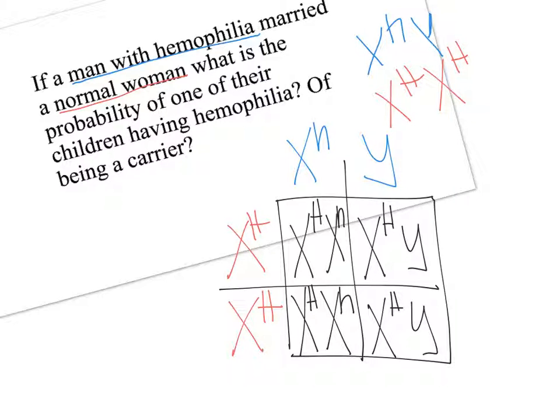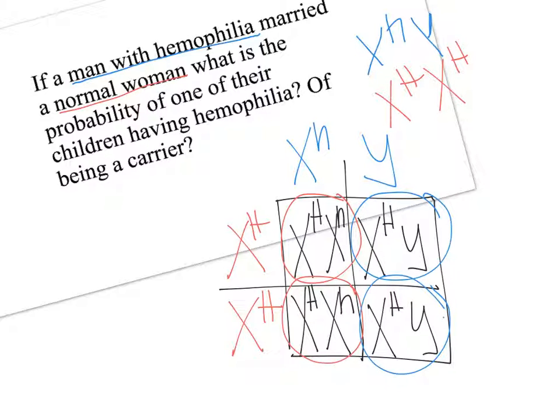We have 1, 2 carrier females. So all of the female offspring will be carriers. And all of the male offspring will be normal. So they have a 0% probability of having children with hemophilia.